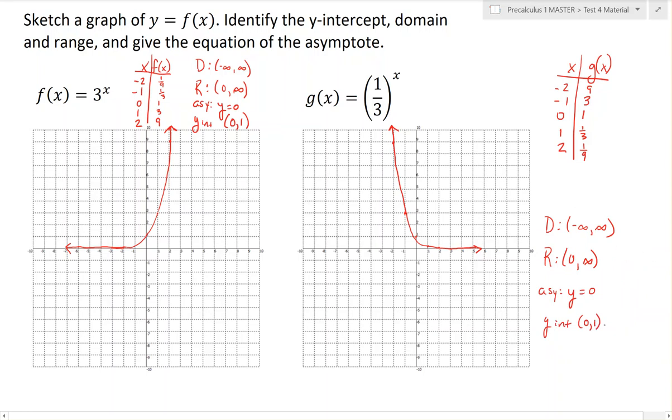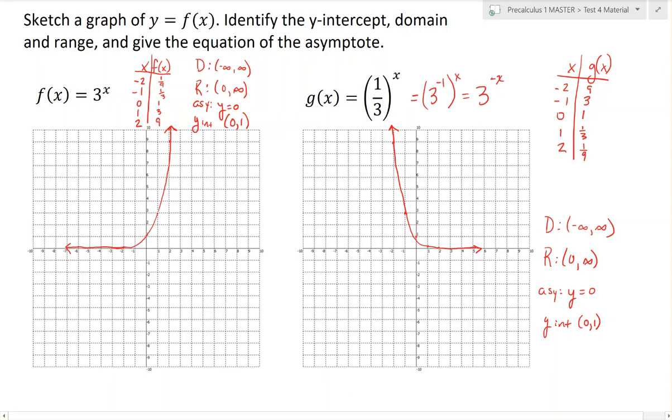So we have all of our information there, and you see here that these graphs are just reflections of each other over the y-axis. And one reason for that is that this 1/3 to the x can also be written as 3 to the -1 to the x, or 3 to the -x.